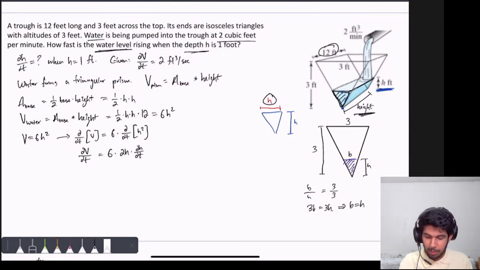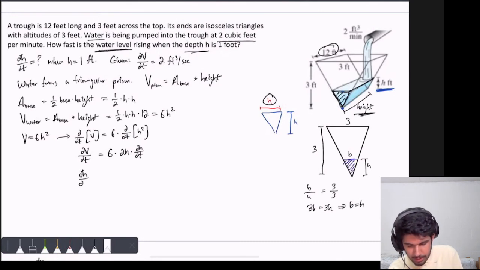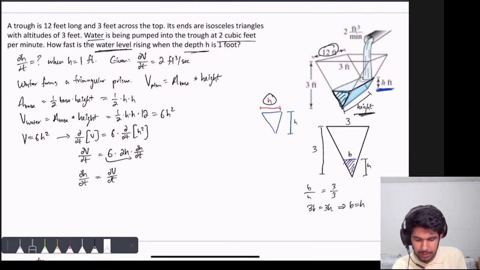But yeah, so now we have a function that contains dV/dt, h, and dh/dt. And we're given h and dV/dt. And we want to solve for dh/dt. So we can isolate dh/dt. dh/dt equals dV/dt. This is 12h, so we divide both sides by 12h.